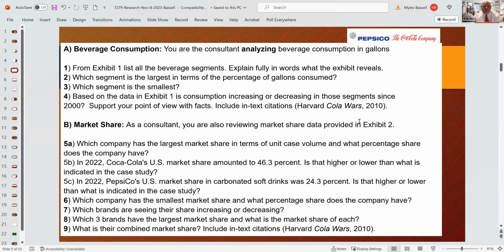So that's exhibit 1. Exhibit 2 talks about market share. So imagine you're a consultant and you're doing this analysis of these outputs, right? These statistical outputs. So for market share, which company has the largest market share?